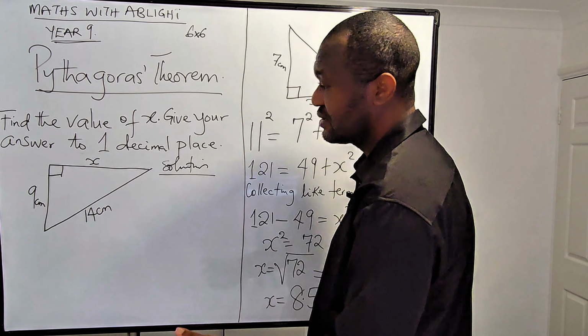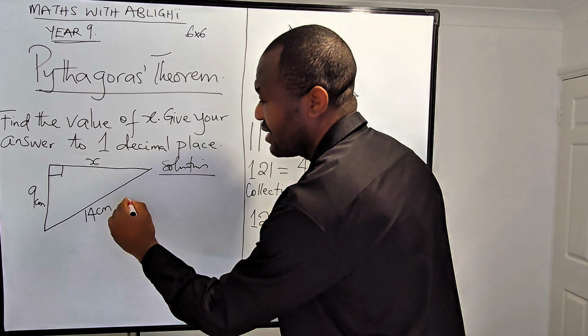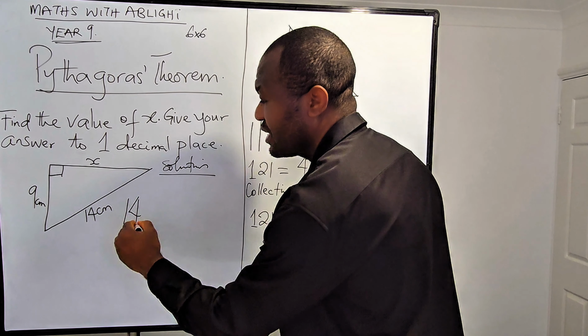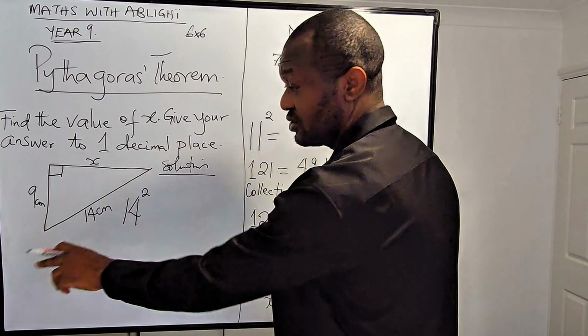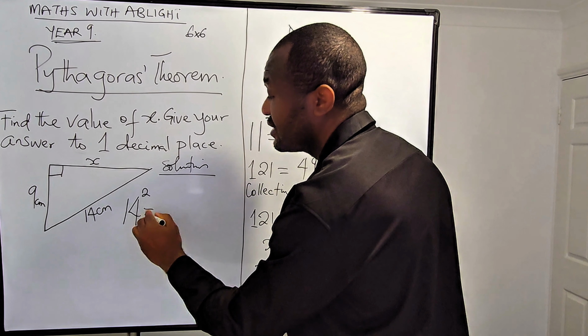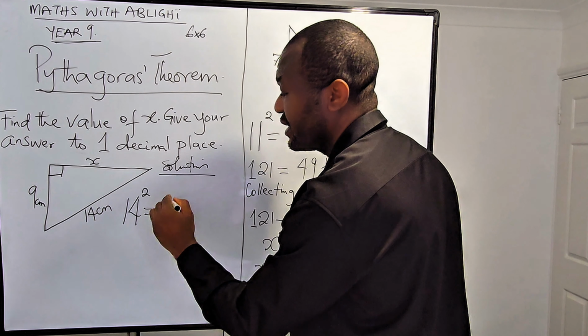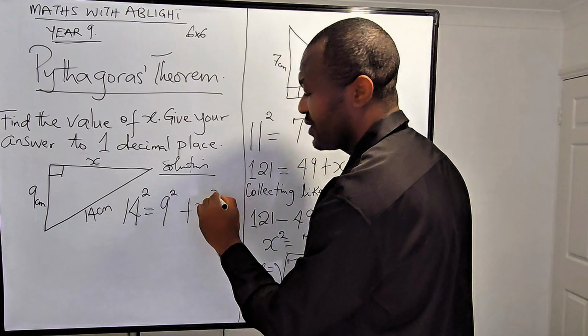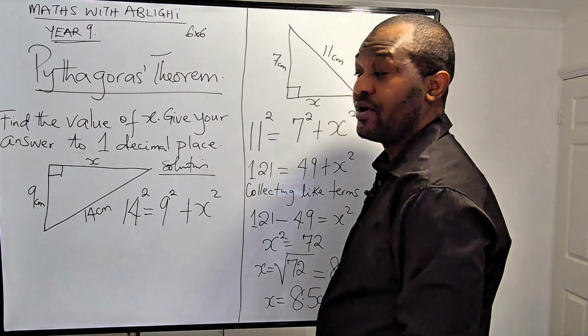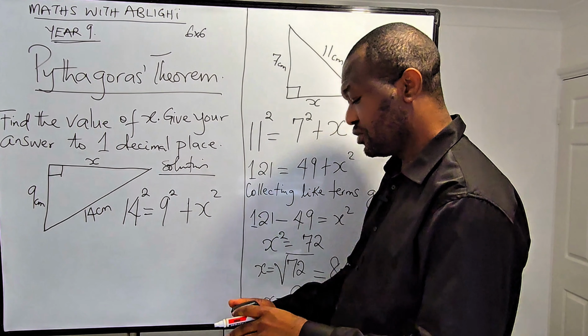Pythagoras' theorem states that the square on the hypotenuse side, this is the hypotenuse side squared, is equal to the sum of the squares of the other two sides. This is the square of this side and this is the square of the other side. Simple. With this, your solution is facing you.